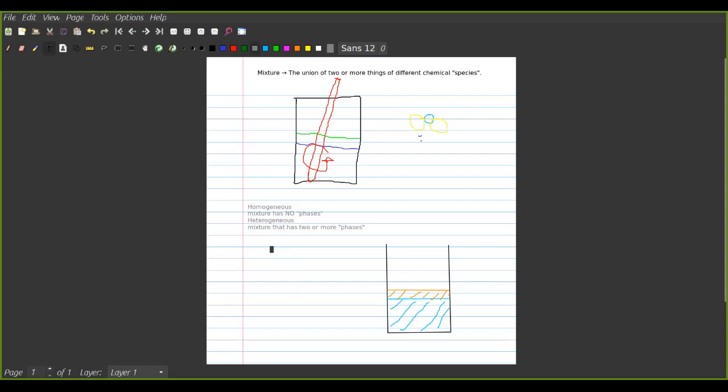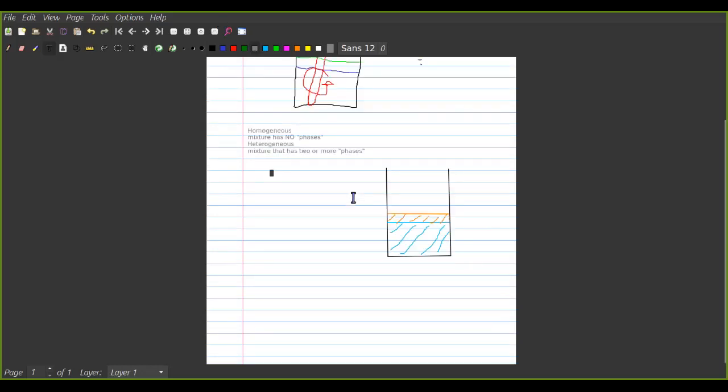We also have dispersion, which is when we have a mixture and the components disperse.